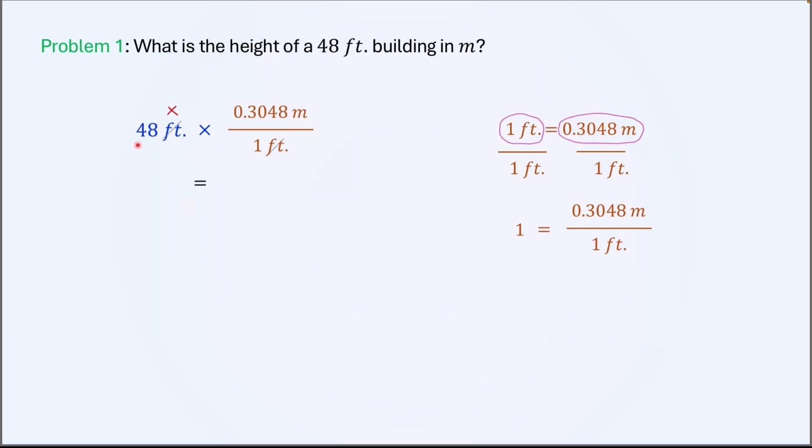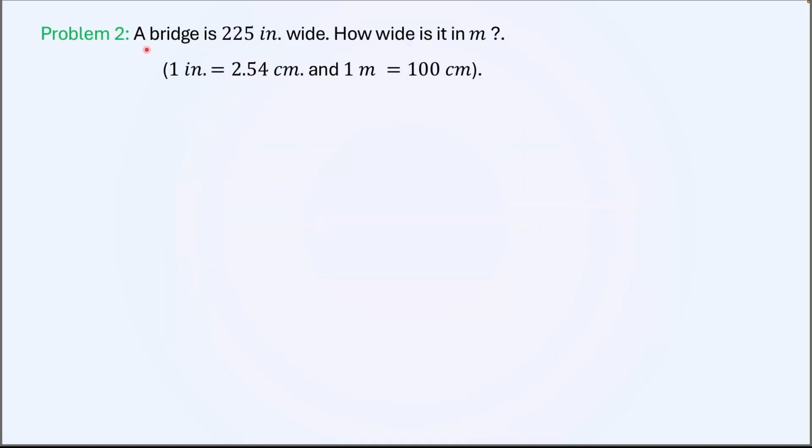Multiply 48 and 0.3048 and divide by 1, you get this number. Now the unit is meter. Next, round this number. 48 has 2 significant figures. So round this number to 2 significant figures. You get 15 meters.